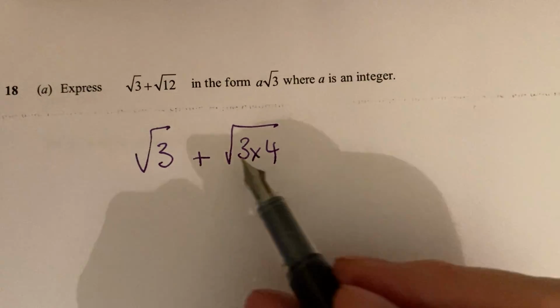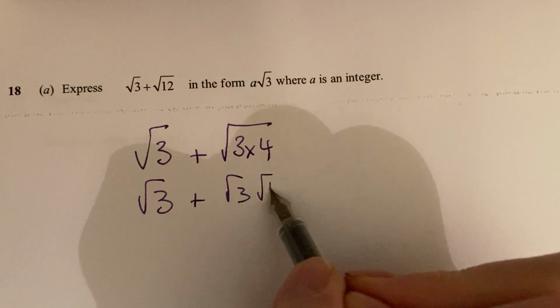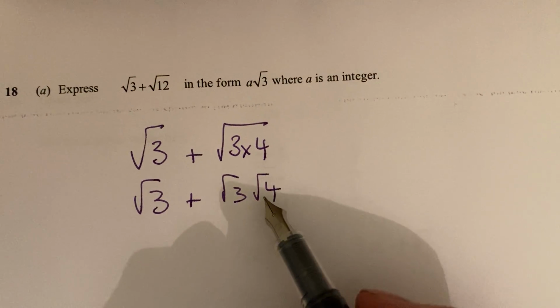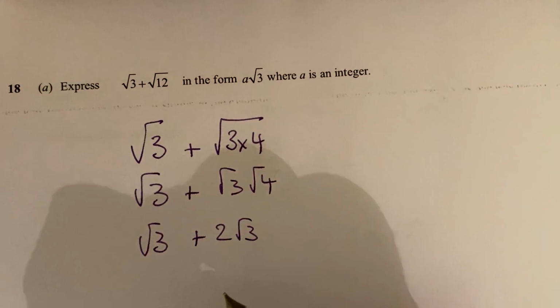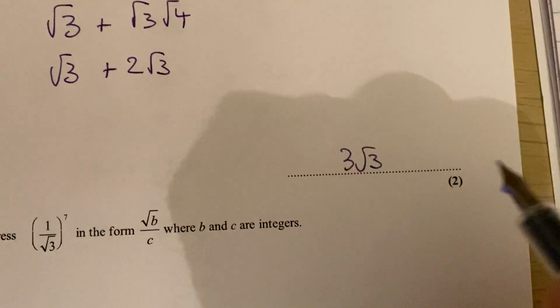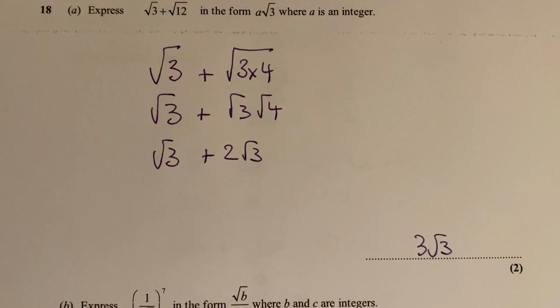That makes 12. And now I can split this, and I can move that in front if I want to, because I know that's 2. So I know I've got root 3, and I've got 2 lots of root 3. So overall, I've got 3 lots of root 3. 2 marks. Question 18, how's that feel?